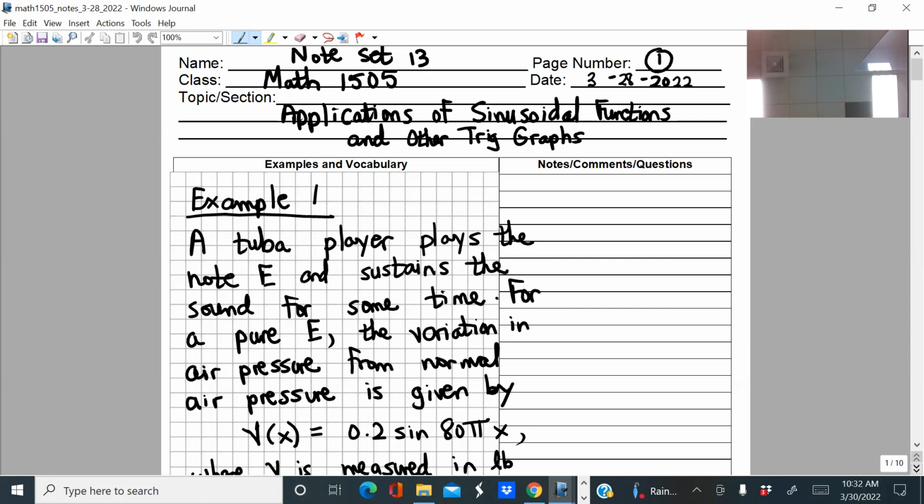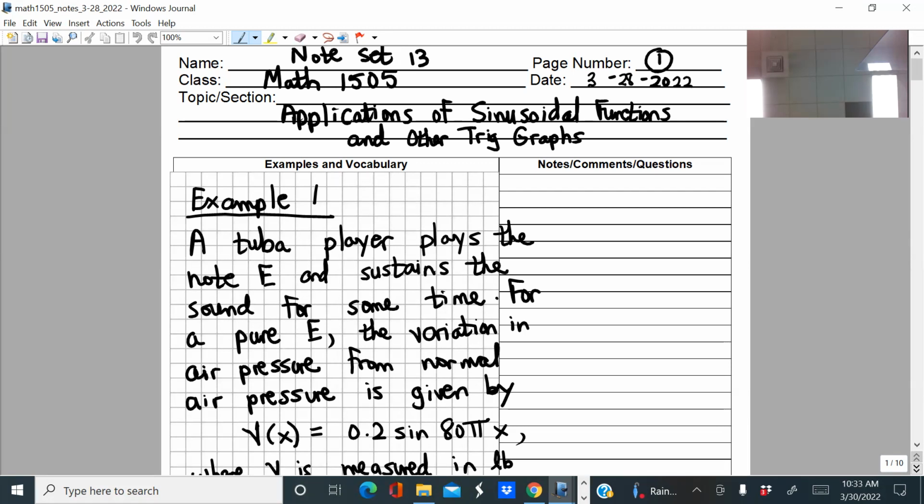All right, so let's look at these applications. These are pretty easy applications, but just to remind you that sinusoidal functions do have important applications. Here's one from sound. So this says a tuba player plays the note E and sustains the sound for some time. That's just to give us a little length of time here.